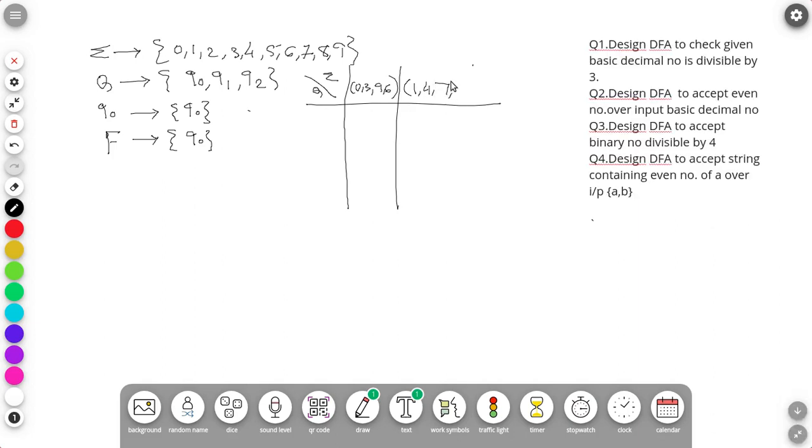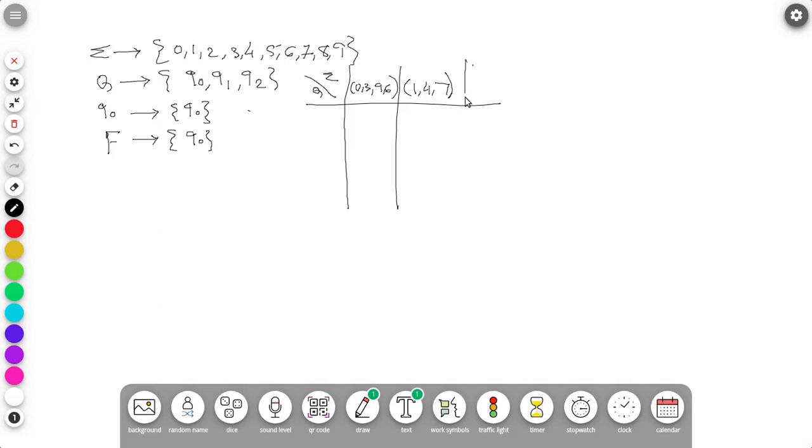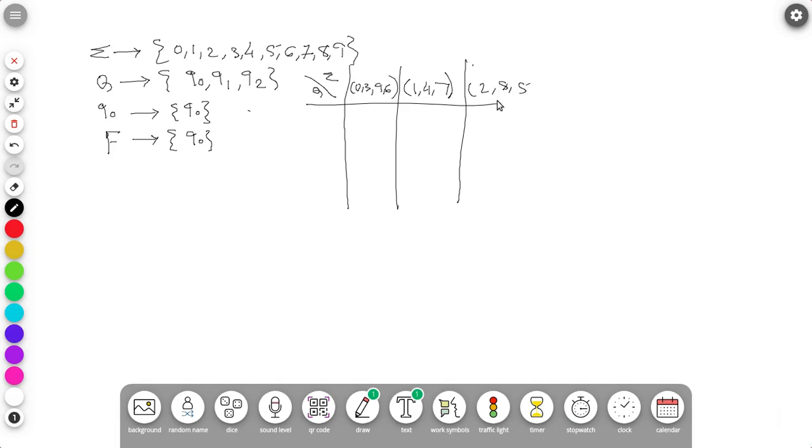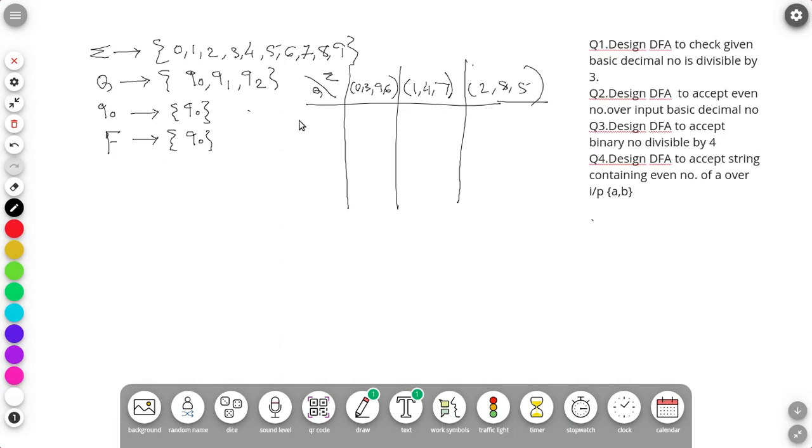Then next we require remainder 2: 2, 8 and 5. So the inputs 0 through 9 are all covered, so all the basic decimal digits are covered in the input set.